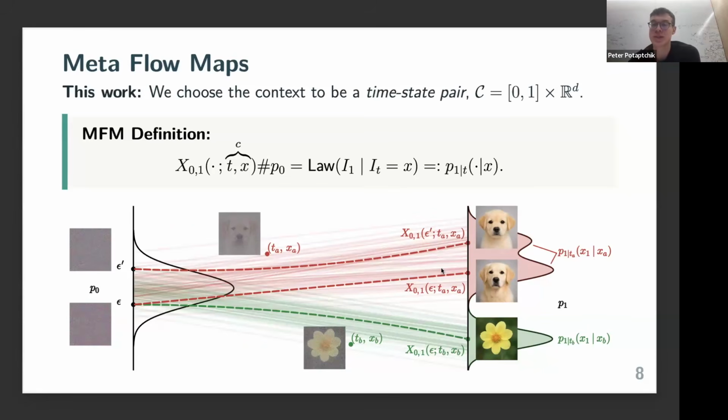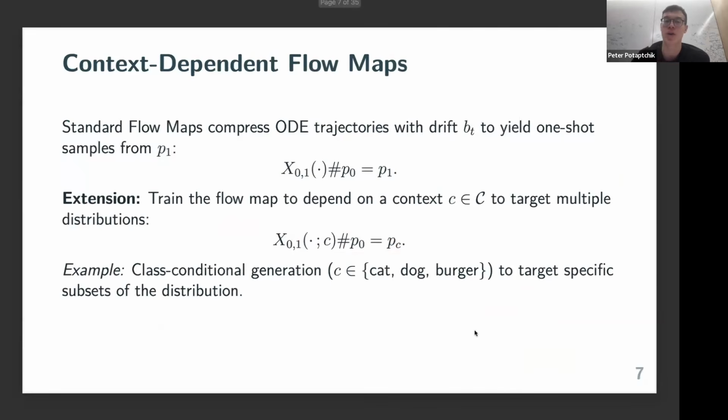Sorry. One thing I should be clear about is that the context information is purely from this self-referential process. We have some process which takes the Gaussian distribution P0 to the data distribution P1. I'm not trying to call all of these context dependent flow maps. For me, with a context dependent flow map, you could put any conditioning information, such as the class, and it's going to sample a new distribution.